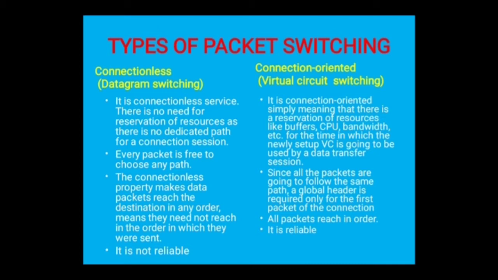Datagram switching is connectionless, but in virtual circuit all the packets follow the same path. Here the order of sending and receiving may differ, but in the connection oriented or virtual circuit, the order is always the same. That means if my packet 1 travels in the beginning, it will reach first at the destination. The first one is not reliable and the second one is reliable. So these are the two important types of packet switching.